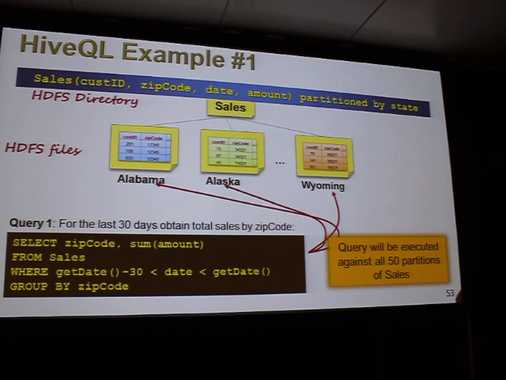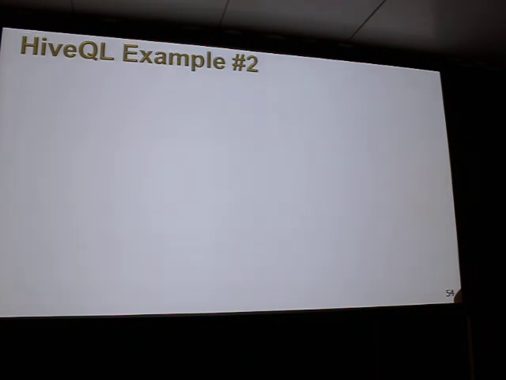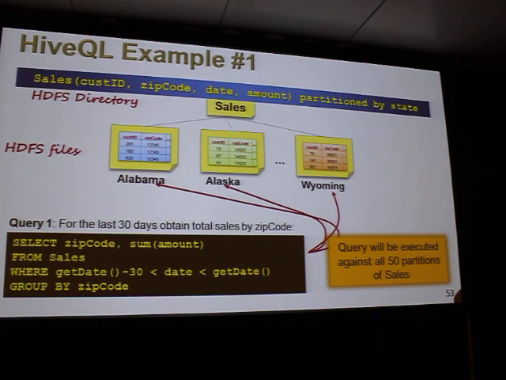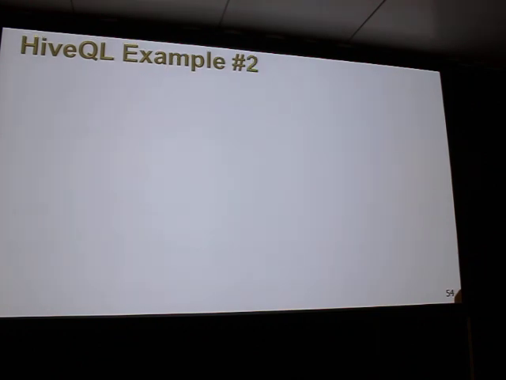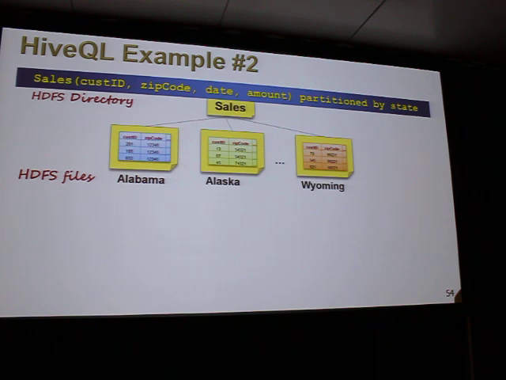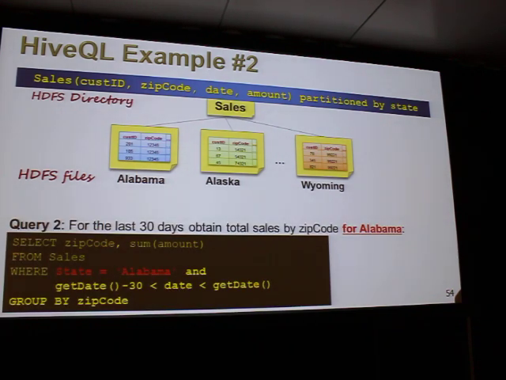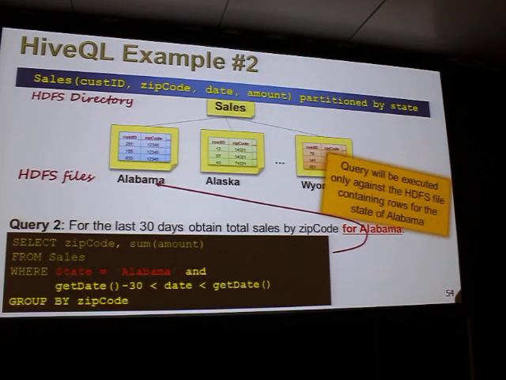It goes to the name server and figures out there are 50 places where this file lives based on the partitioning information. So I now have to send my query, my MapReduce job, sorry, to 50 nodes. If I restrict my query to only one state, it is smart enough to figure out that you only need to send this to one node and go from there.